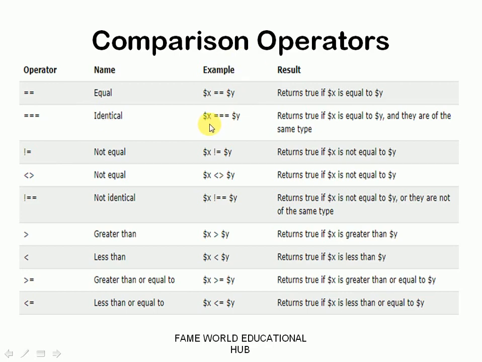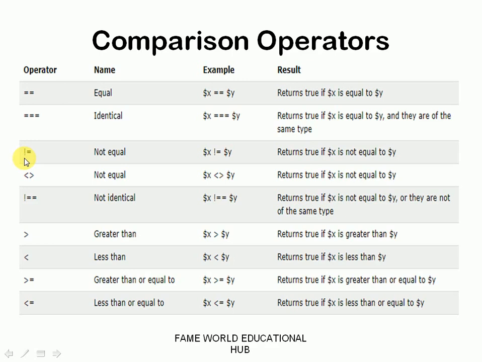So x === y means we are checking whether x is identical to y, and it will return either true or false. It will return true if the value and the data type of x are identical to the value and the data type of y. Returns true if x is equal to y and they are of the same type.